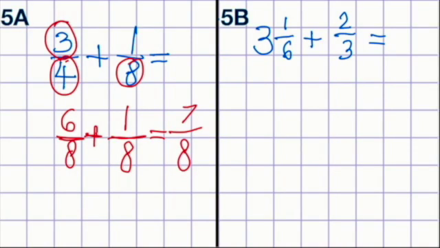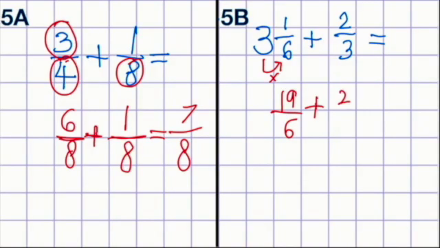For 5b, I need to change 3 3/6 into an improper fraction before I can add. So I do 3 times 6, which is 18, and then I plus the top, that's 19. So this is 19/6 add 2/3.